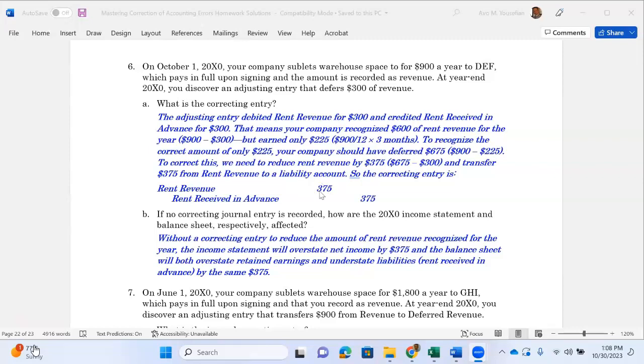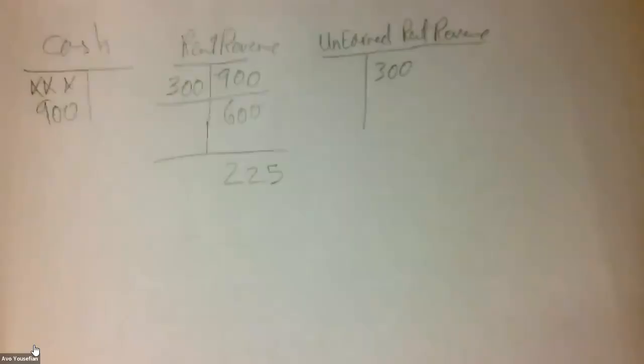In order to see this, you see it's complicated, right? You need to look at your T account. So I'm going to show you my T account now. Someone gave you $900 in advance and you record that as rent revenue.